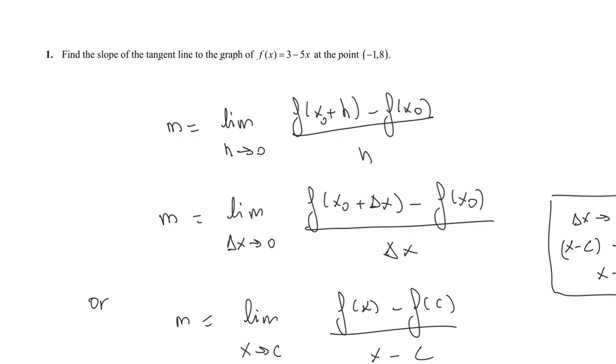But the problem says to use the definition of the slope to find the slope of this function at the point minus 1, 8. At any point the slope is the same. A rectilinear line has the property that the slope never changes.